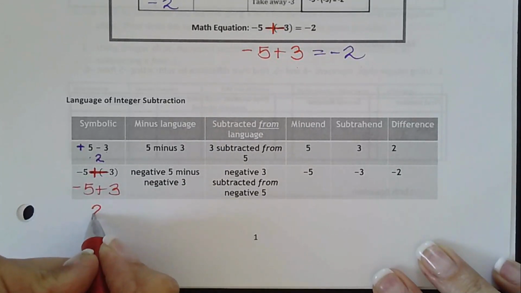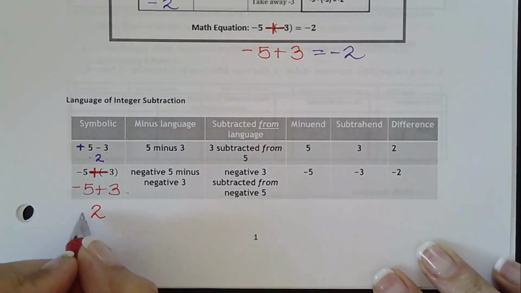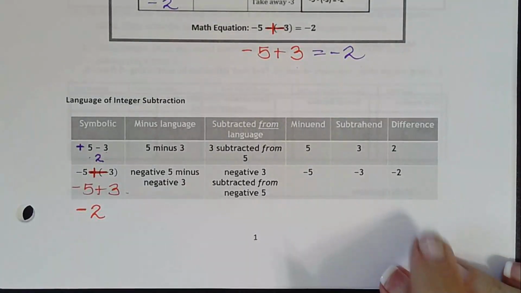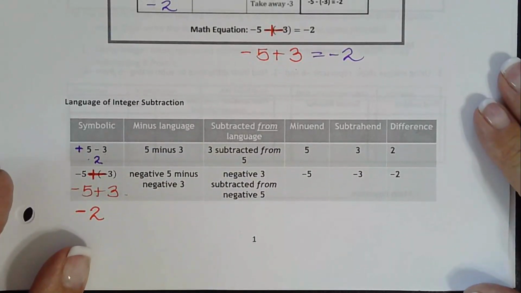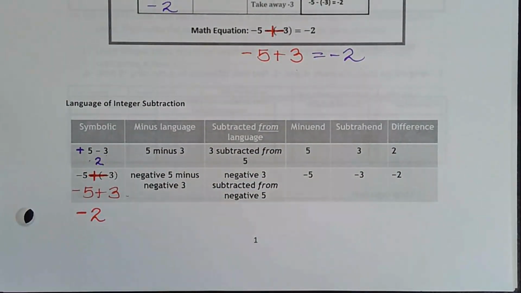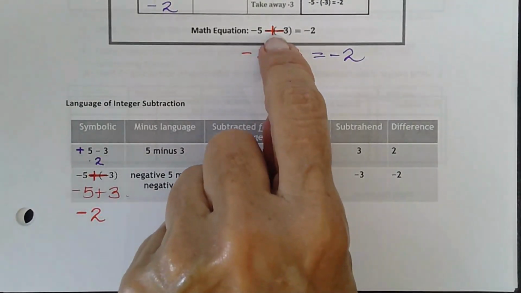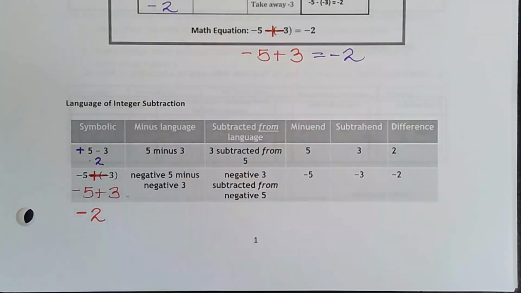Signs are different, so subtract. 5 minus 3 is 2. Keep the sign of the larger. And there's our answer, -2. Okay, and that's subtraction. Exact same rules as addition, except when you see the double negative, change it to positive and rewrite your new problem.